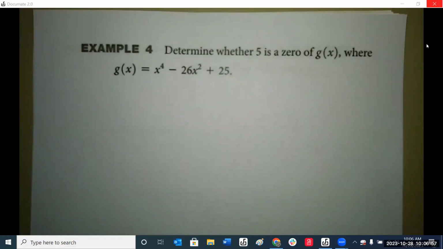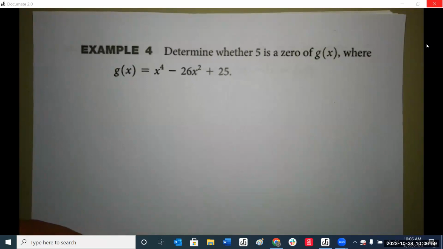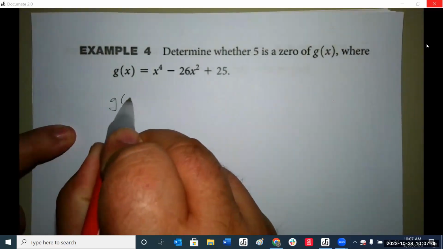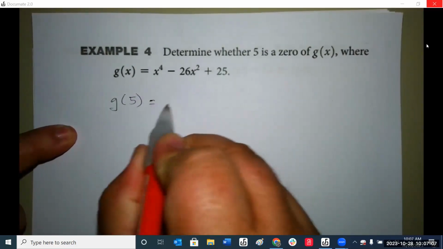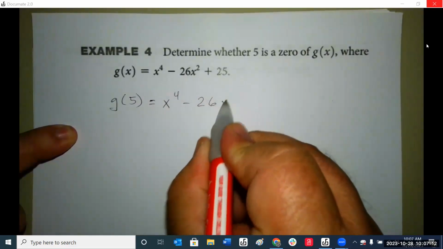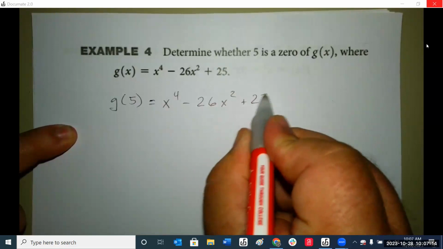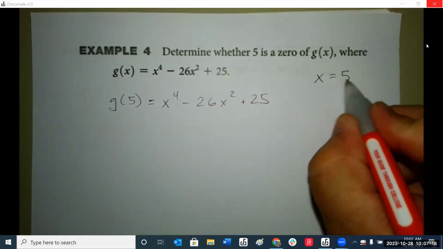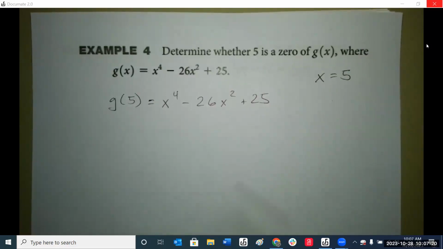Example 4. Determine whether 5 is a 0. Well, if 5 is a 0, let's check it out. If we plug it in there, what we're saying here is if this is our 0, then x equals 5.